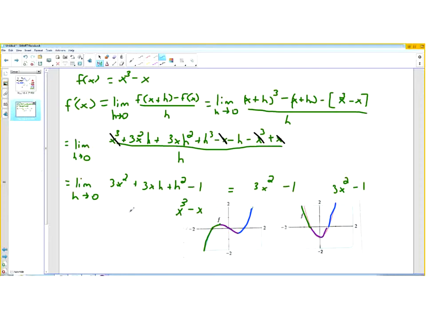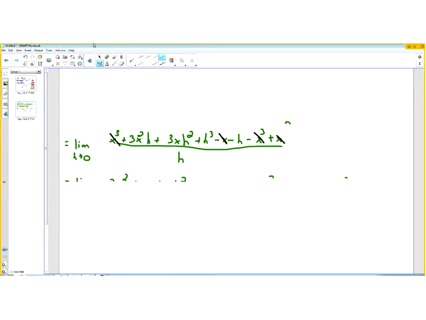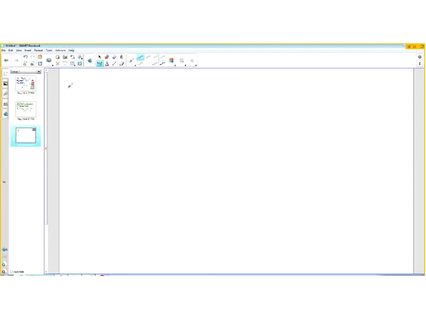Okay, so how about we take the derivative of the square root function? Do that next, right? So we'll just work a number of problems. So f of x is equal to the square root of x, and we want to calculate f prime of x. That's a useful function. All right, so again, use the definition of the derivative.